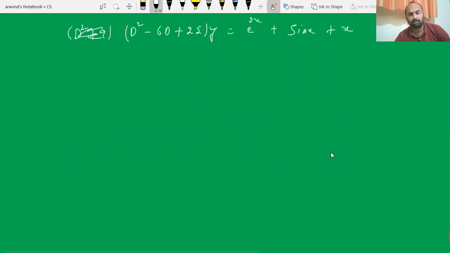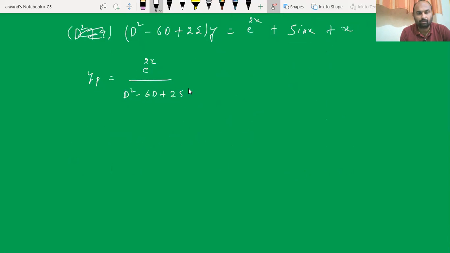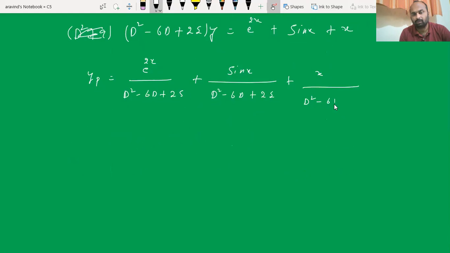Now the particular integral is given by yp is equal to e to the power of 2x by d square minus 6d plus 25, plus sin x divided by d square minus 6d plus 25, plus x divided by d square minus 6d plus 25. So let us take each one as P1, P2, P3, three different parts.